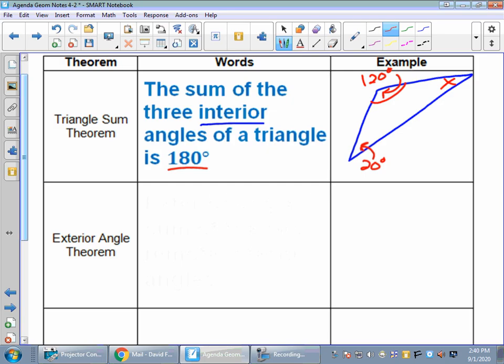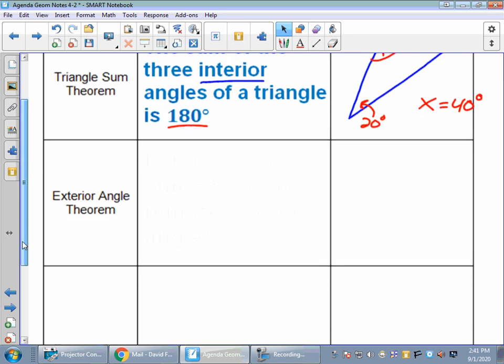So I could find that by saying, all right, 120 plus 20 is 140. So what's left over? There would be 40 degrees. So x would have to be 40 degrees here, because 180 minus 140 is 40. So you can easily find the missing angle using that theorem.